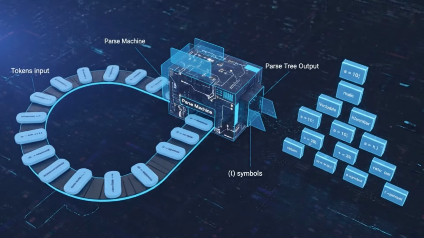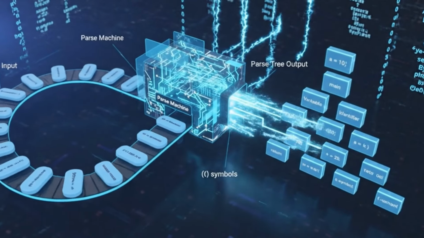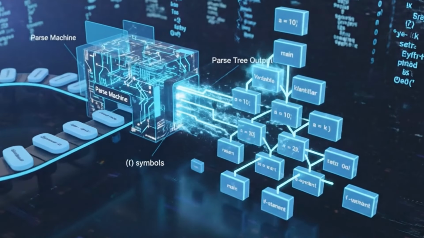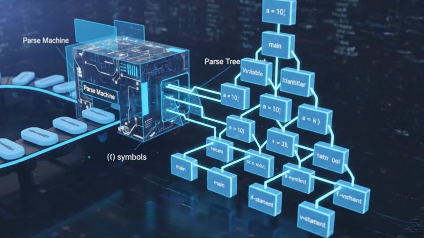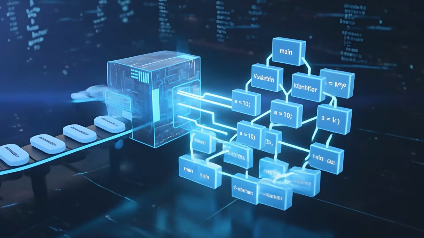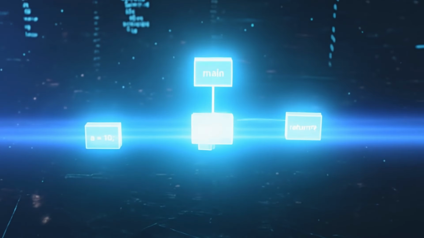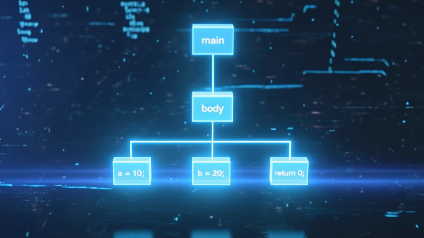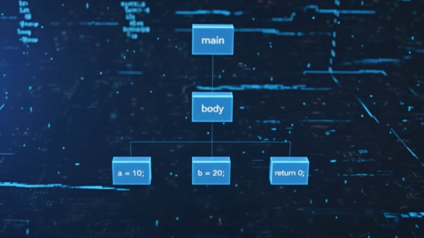Next comes the parser. It takes the stream of tokens as input and constructs an abstract syntax tree, AST, as output. The AST is a hierarchical representation of the program's structure. Each node in the tree represents a specific construct.